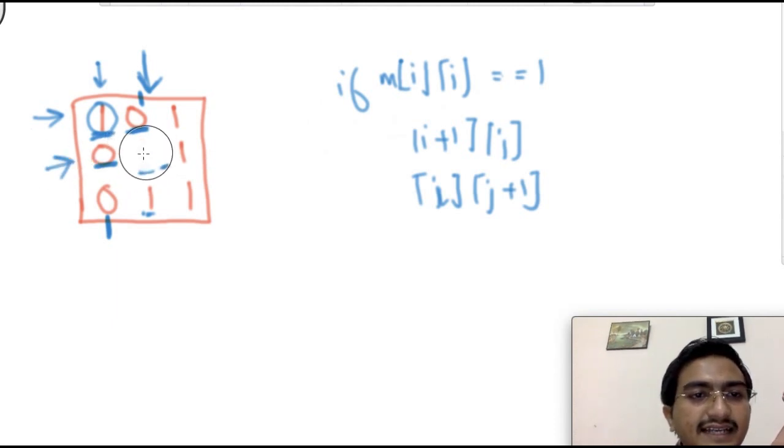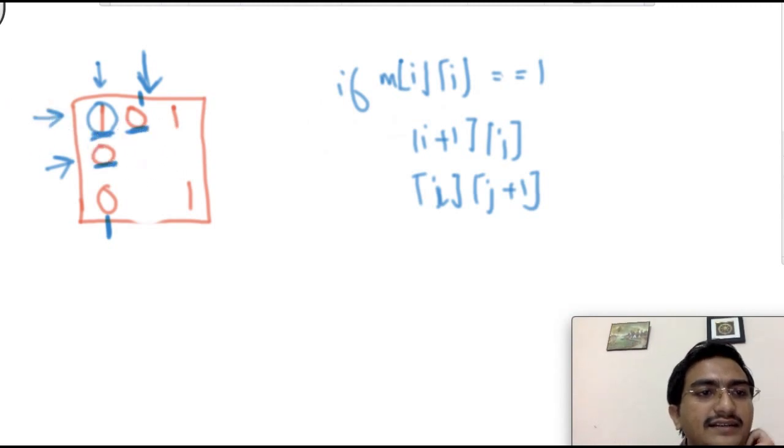Let me just try removing this, and removing this as well, not just the corner one. I'm just trying to give you an example of how it is not possible.